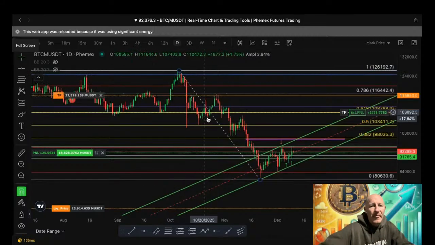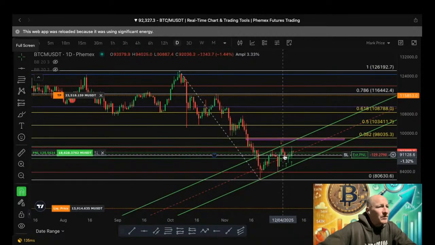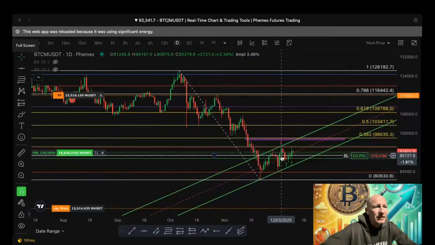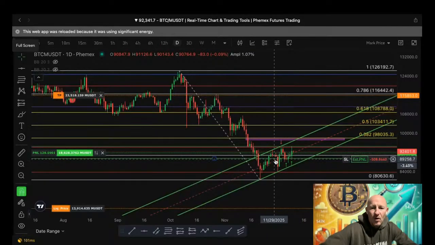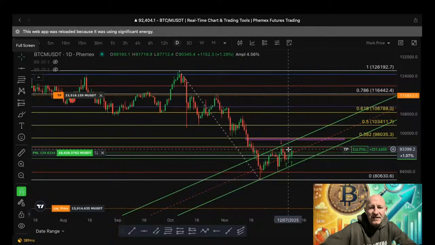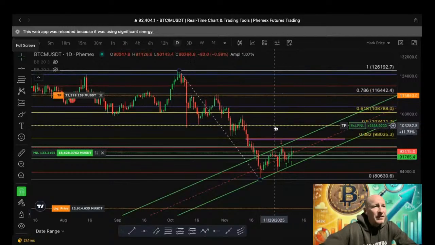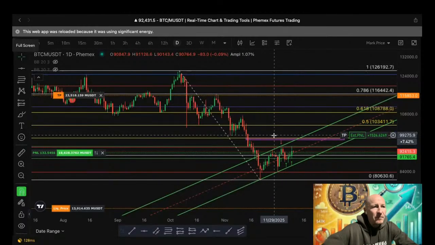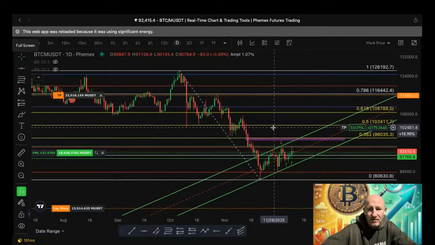Okay? So right now we are below the 0.5. What that means is if you're buying Bitcoin right now, you're buying it at a discount because you're buying it below the 0.5. We're not even 50% of the way back to 126,000.